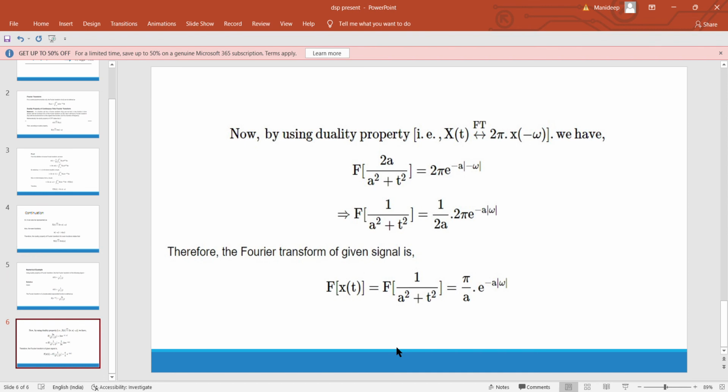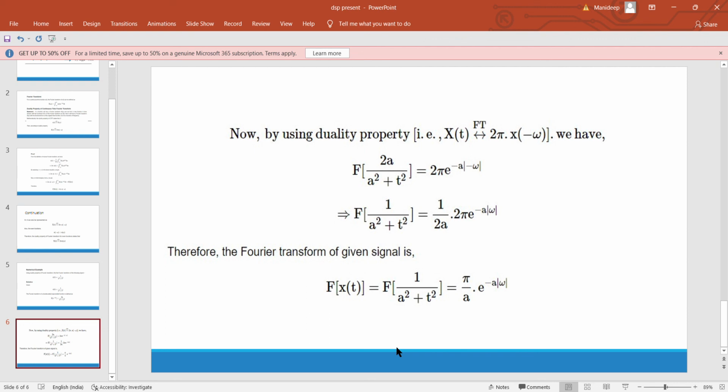So we are replacing t with minus omega. So we get F of 2a by a square plus t square equal to 2 pi into e power minus a into mod of minus omega. Here t is replaced by minus omega. So originally we replaced t with minus t, and then t is replaced with omega.